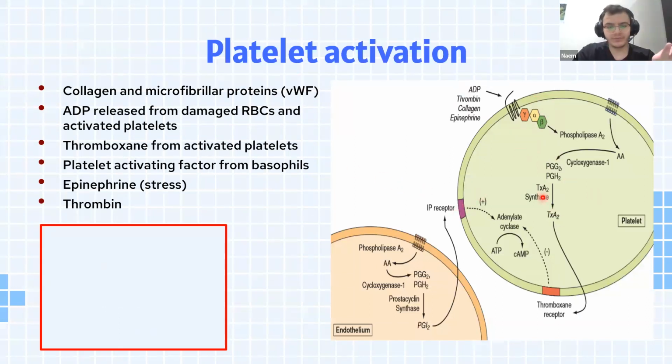Both of them lead to thromboxane A2 production. It could be the same receptor. I don't want to tell you that this one specifically is it, because it might not be, and I don't want to screw you up. But my point is, it's the same function. Both of them lead to the production of thromboxane A2. Clear?